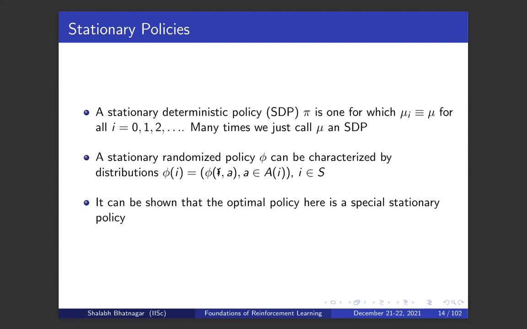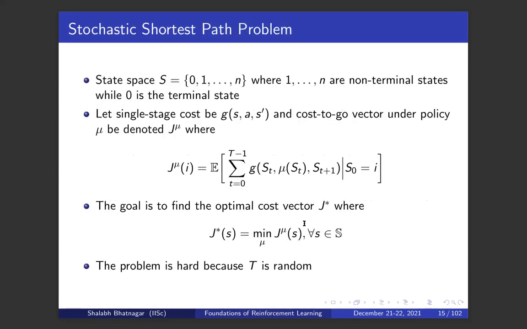That distribution is specified by phi of I comma A, where A is in A of I. A of I, as I said, is the set of feasible actions in state I. So once you specify this distribution, which is specific to state I over the actions that are available, that would constitute the stationary randomized policy. Now, it can be shown that the optimal policy here is a special stationary policy, and these policies are what we call proper policies. I will come to that. Now here the basic setting is the following.